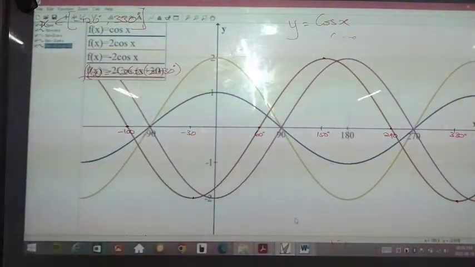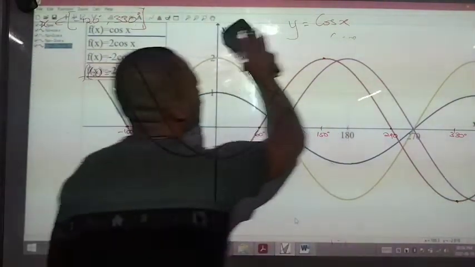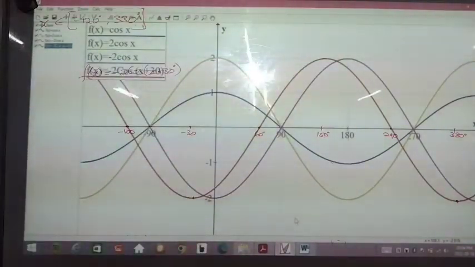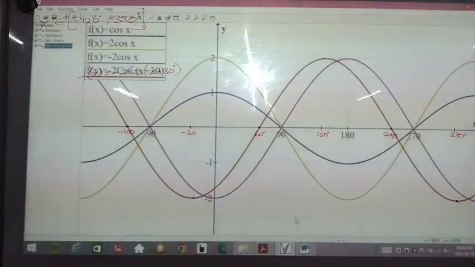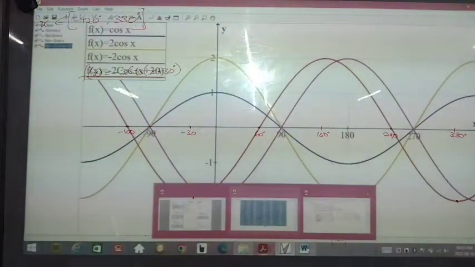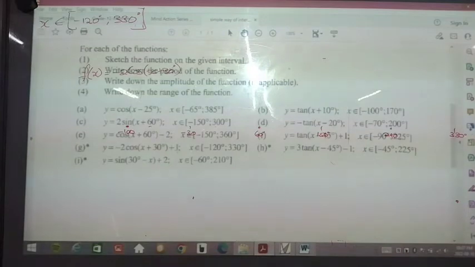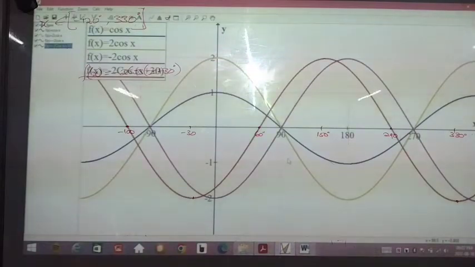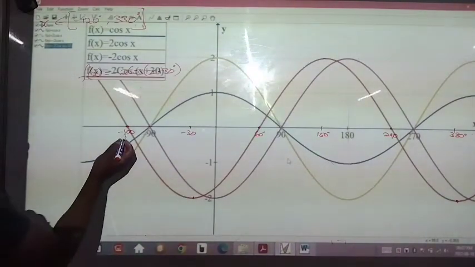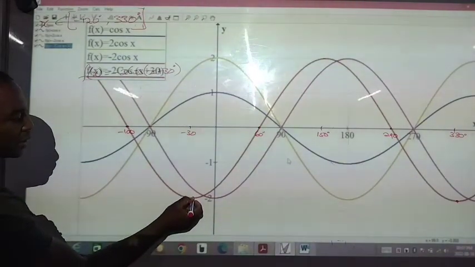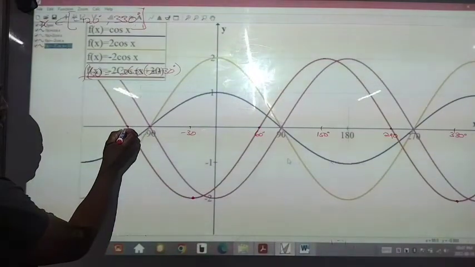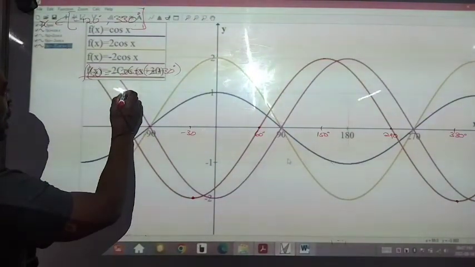Now the final piece of this puzzle is to move this graph vertically. Remember, the question is saying plus 1. Our q is 1. So what is now going to happen is just to move each of the strategic points 1 unit up. That is, this point, we will move it 1 unit vertically up.